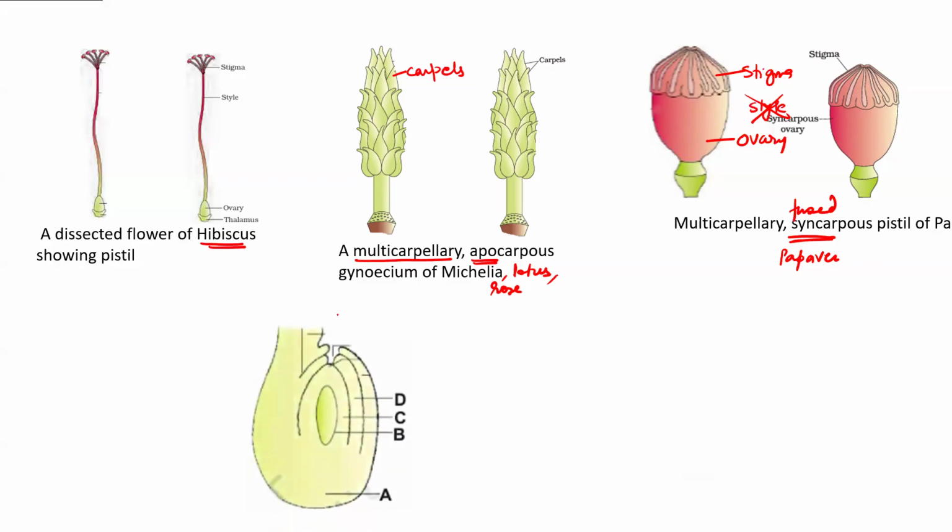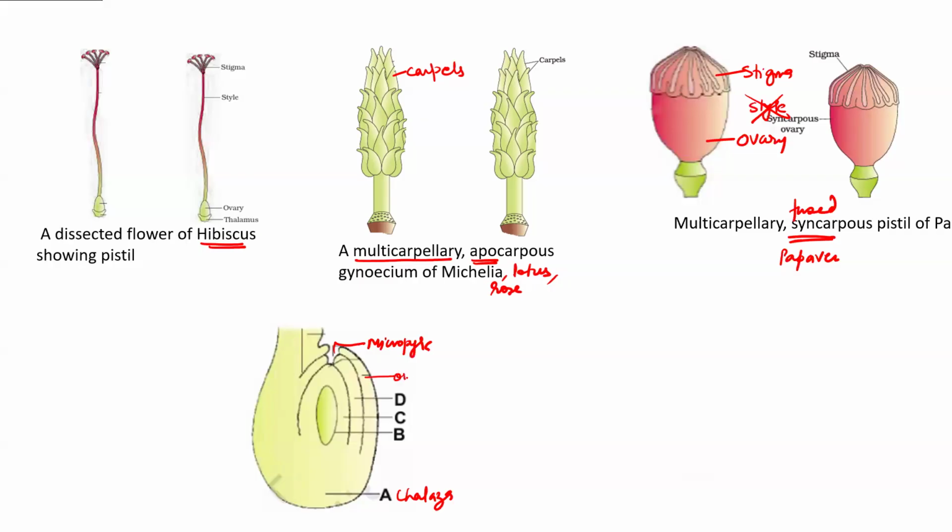Now, next. If they give this labeling, then first of all you should know this is the micropyle end. This opening is the micropyle, and opposite to the micropyle is the chalaza. Clear? And these are integuments.